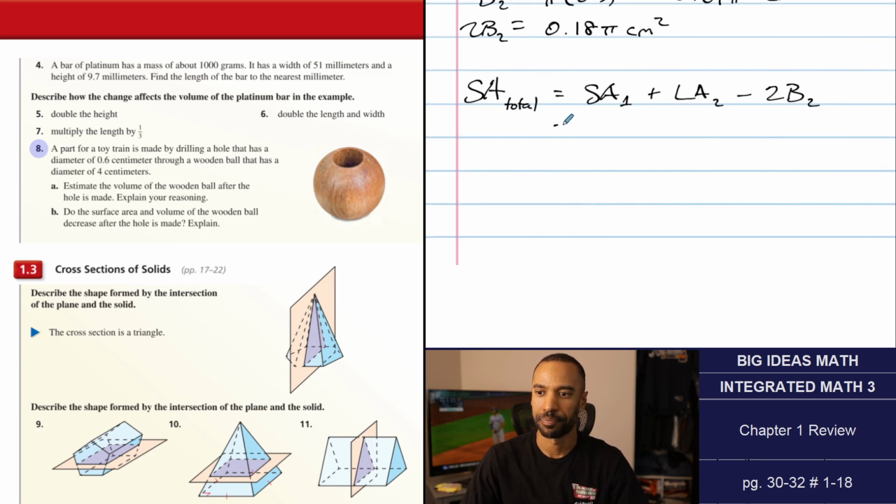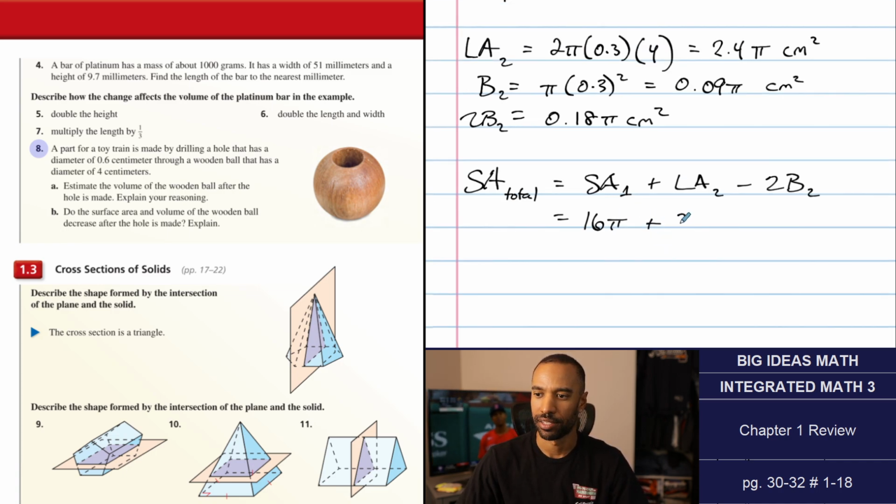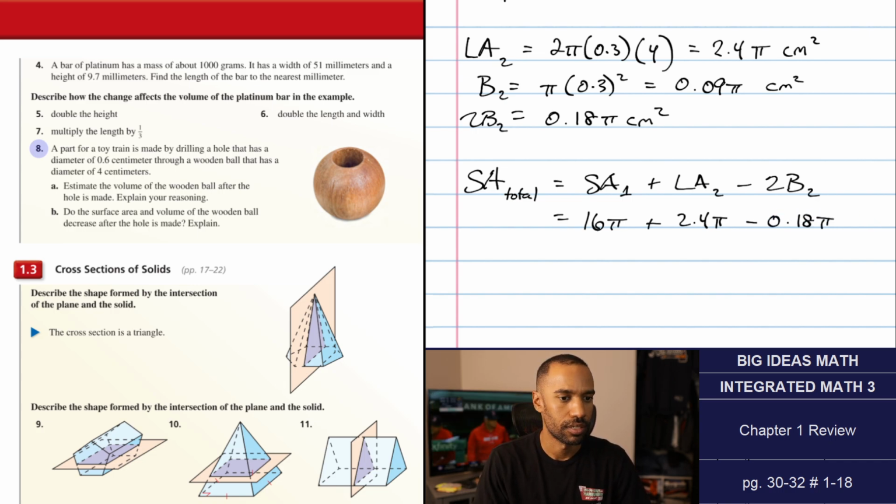So 16 pi plus 2.4 pi, and I think I got that number right. I'm just going to trust it. Minus 0.18 pi, which is 16 plus 2.4 minus 0.18, 18.22 pi, which is more than 16 pi, right?